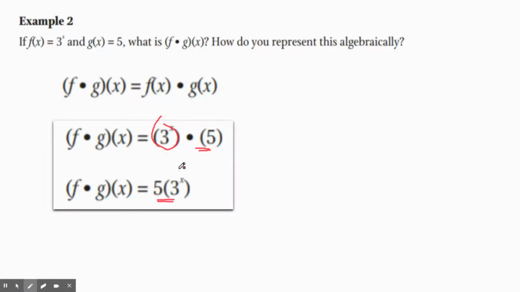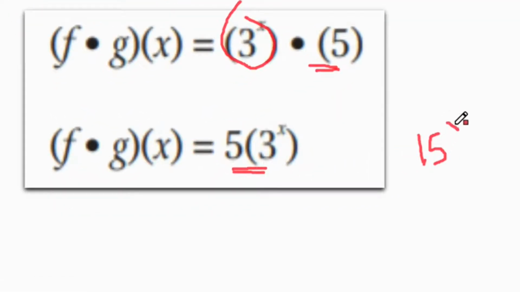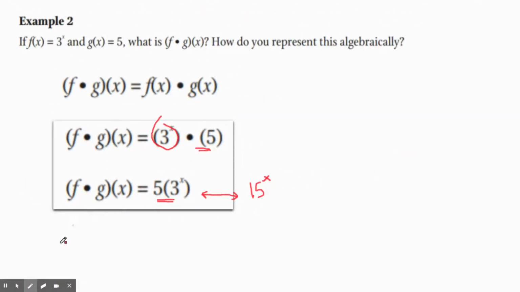I can't just make this 15 to the x power, because these are not equivalent. And that's based off of your order of operations. So please, please, please, if you have an exponent as your final answer, just leave it like that.